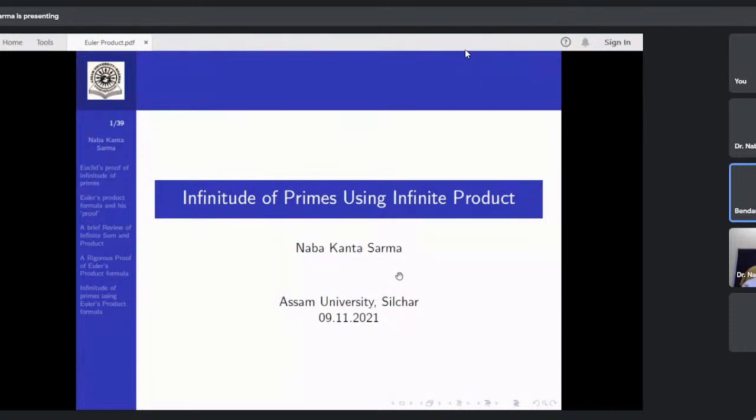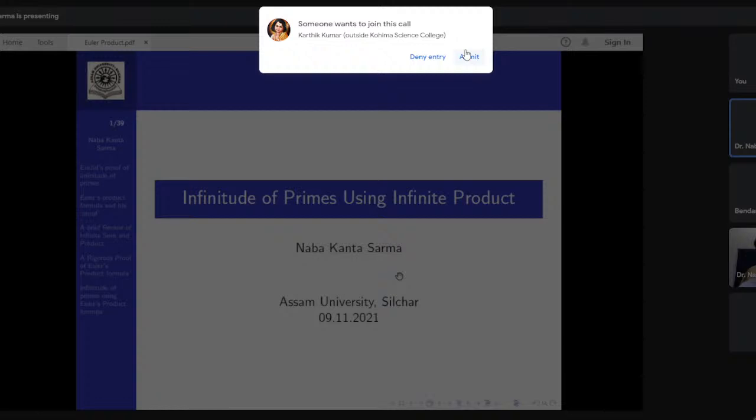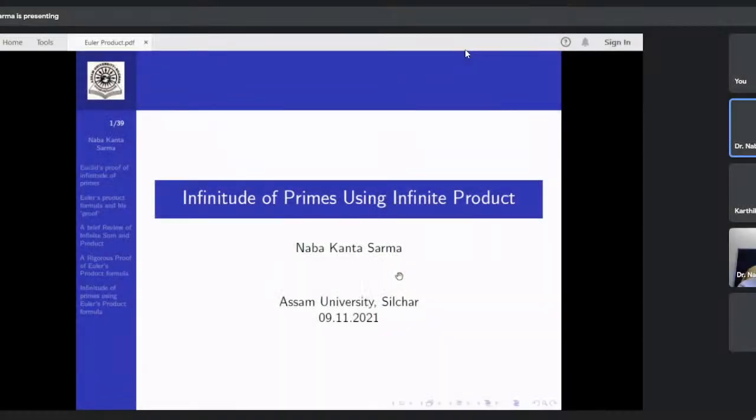Yeah. So as you can see, the name of the topic is infinitude of primes using infinite product. Since 300 BC, it is known that the number of primes among the positive integers is infinite. Euclid gave a very wonderful, very short, elegant proof of this fact.